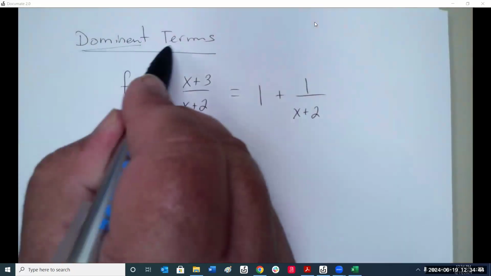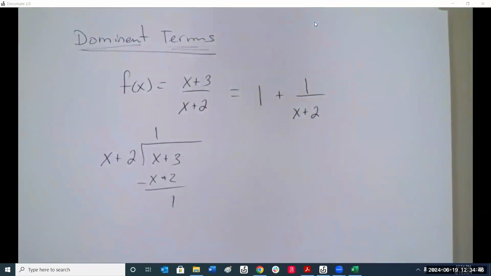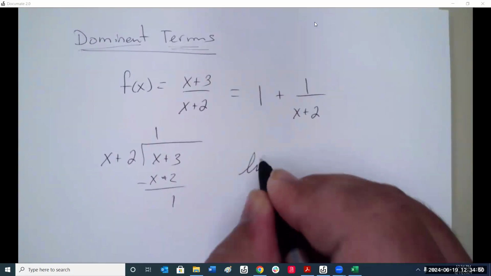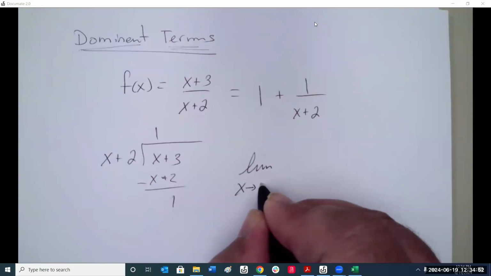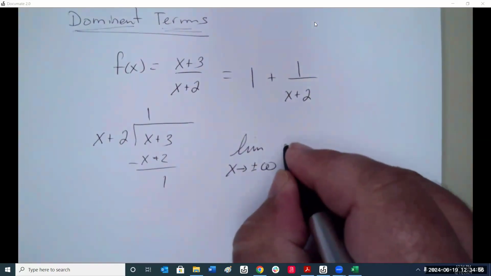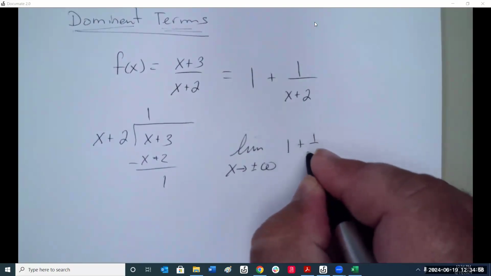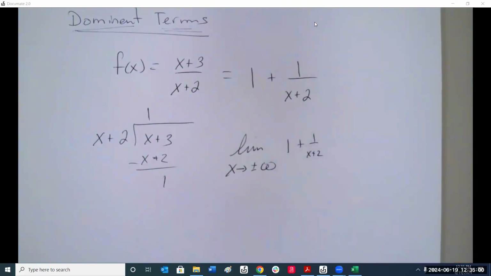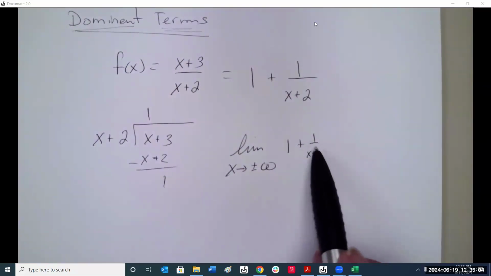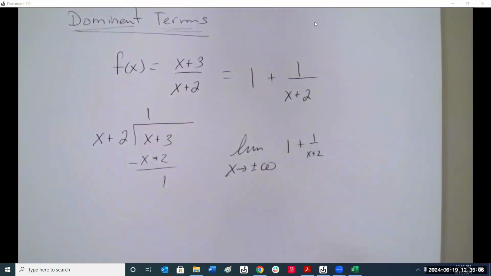The dominant term as x goes to positive or negative infinity of our equation, which term of this equation has the bigger influence?